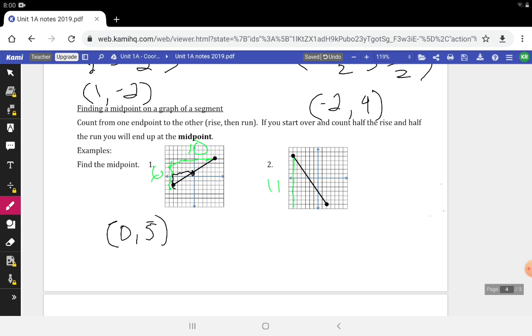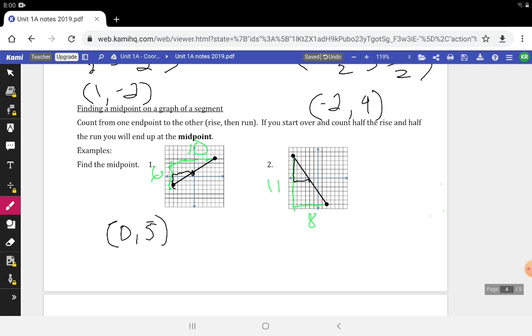So that's 11, and then we'll count over 1, 2, 3, 4, 5, 6, 7, 8. All right, and in this example, when we cut 11 in half, we'll go down 5 1/2. So 1, 2, 3, 4, 5 1/2, and then over 4, 1, 2, 3, 4.